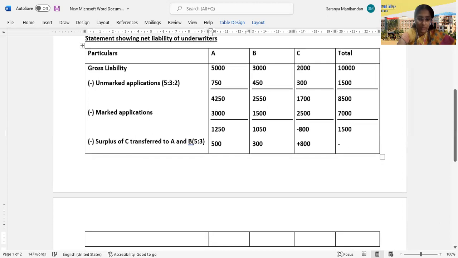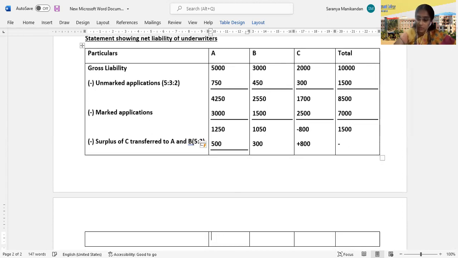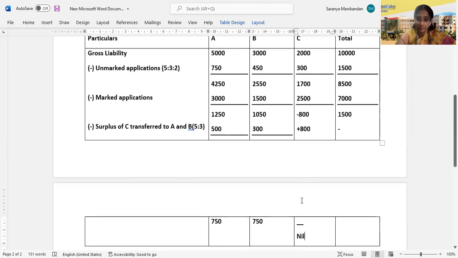So when you take the balance now, 1,250 minus 500, you get 750. 1,050 minus 300, you get 750. And here it is nil. Then here it is 1,500.